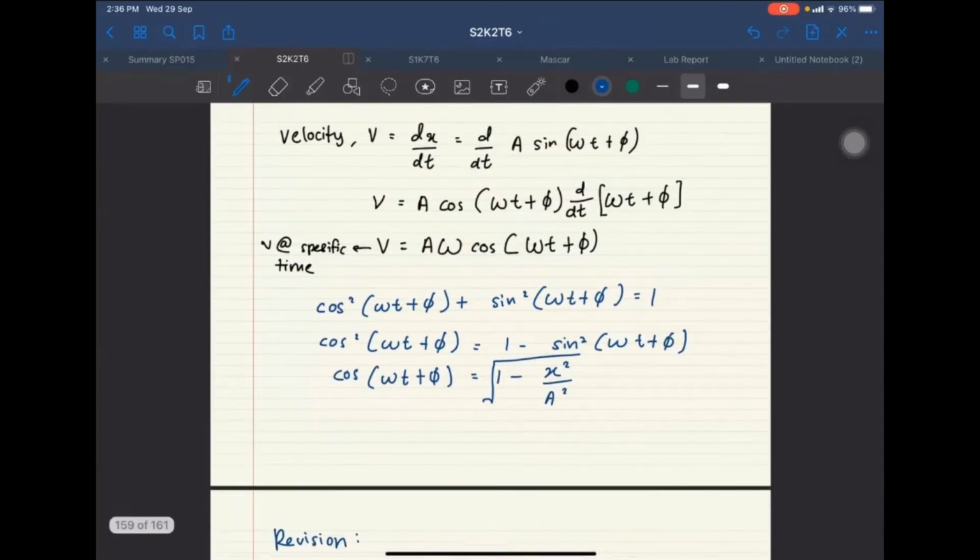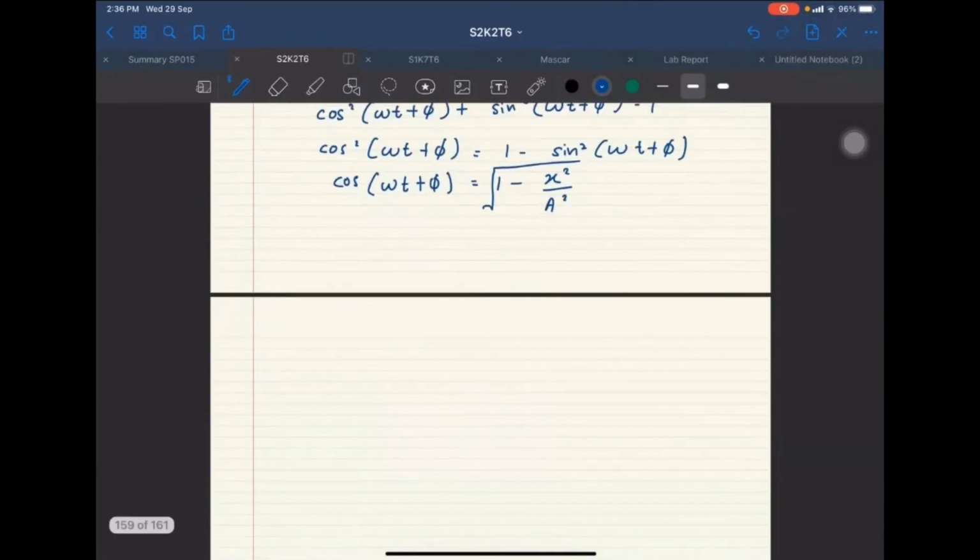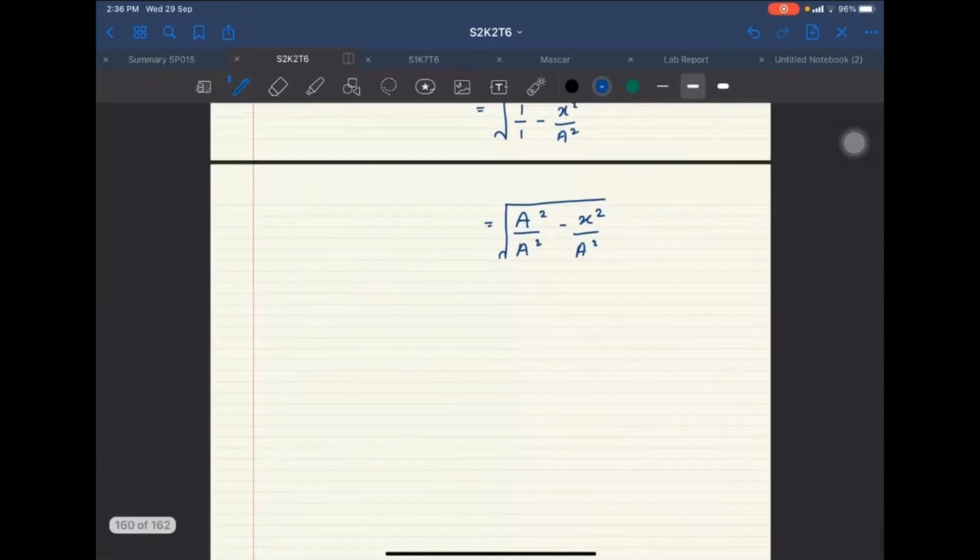Okay, and this one is just mathematics lah. This one inside here, I can rewrite that one. Saya bersamakan penyebut dia. So this is basically 1 over 1. And then you can cross multiply, darab silang, samakan penyebut, dia jadi A squared over A squared minus x squared over A squared. Boleh ikut? Boleh, sir.